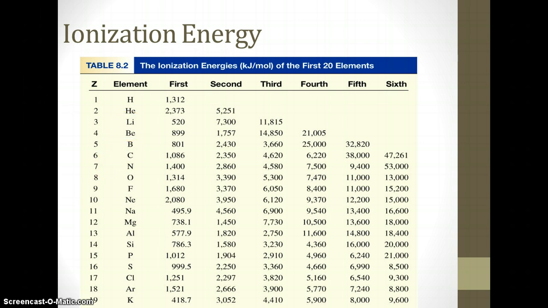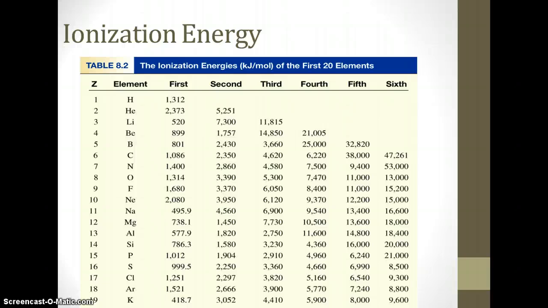The first level is 520 kilojoules per mole. The second level is 7,300. And then the third level is 11,815. So what we're seeing here is a huge jump in ionization energy.